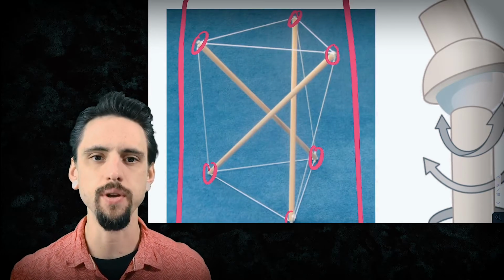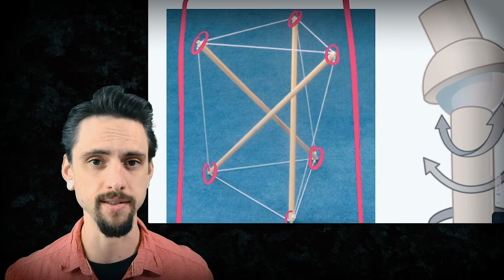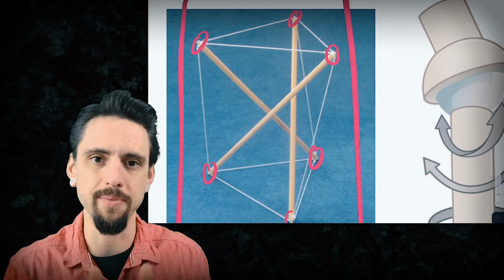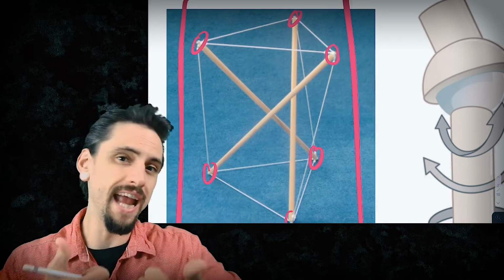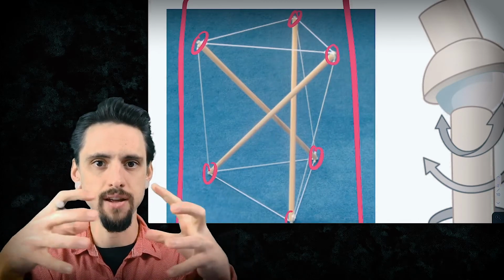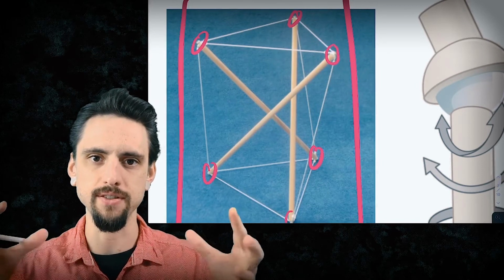You could think about it like blowing up a balloon. If you blow up a balloon, there's air pressure from the inside pushing out in every single direction. And then there's tension created by the elastic rubber nature of this stretchy material.